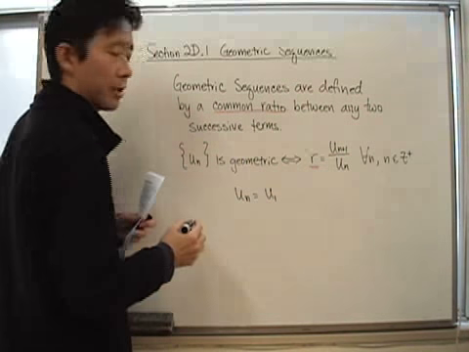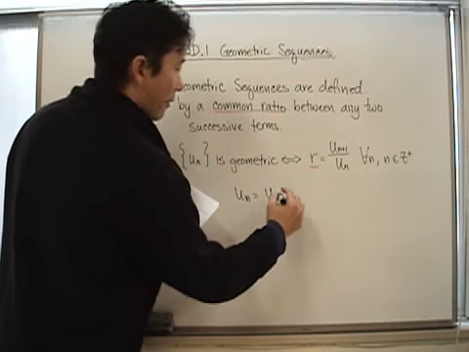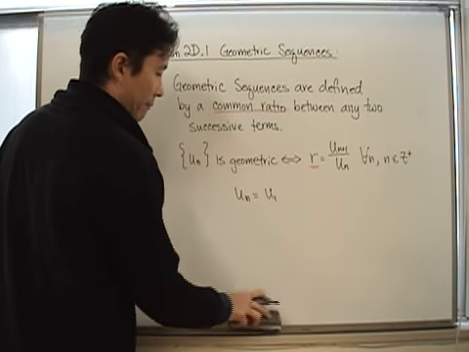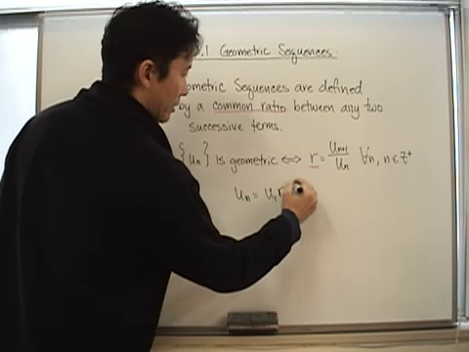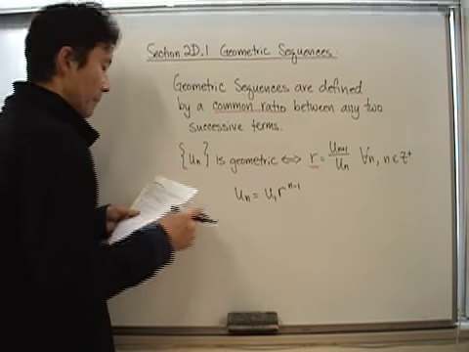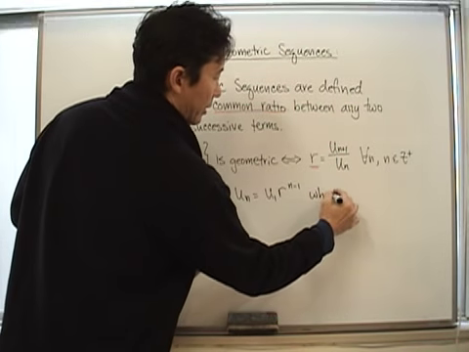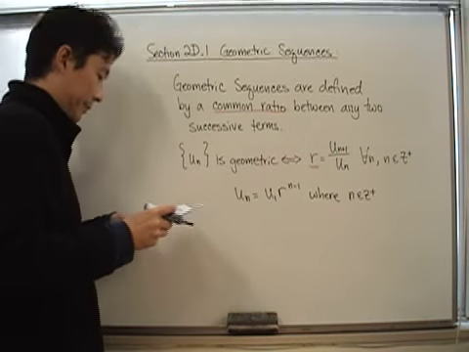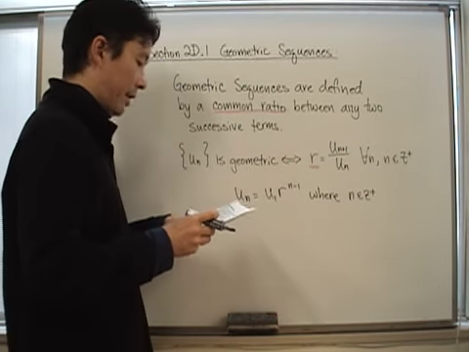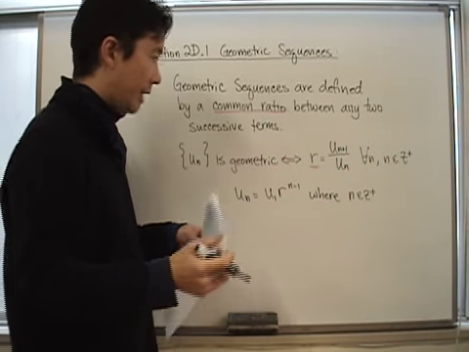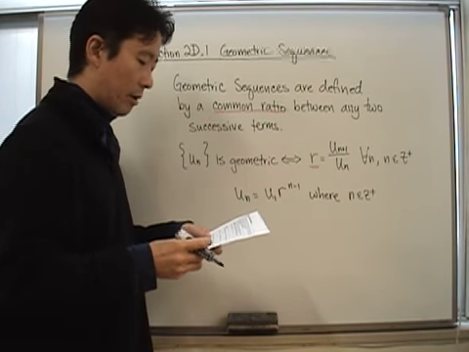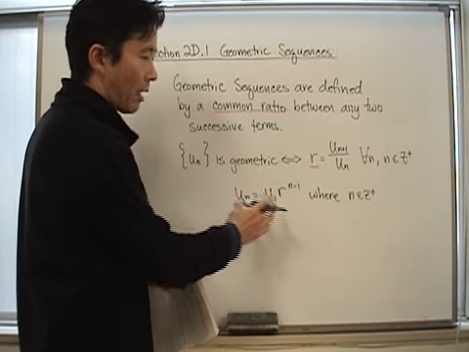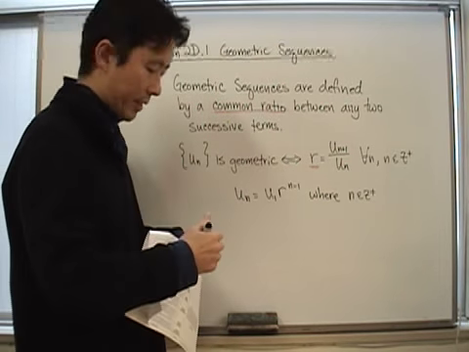Notice again we're starting off with the first term, and we multiply that first term by the ratio to the n minus 1 power, where n is an element of the positive integers. So if you know what the first term is and you know the common ratio, you can always find the general expression in formula form for the geometric sequence itself.